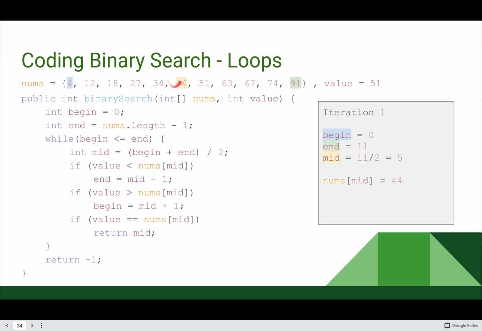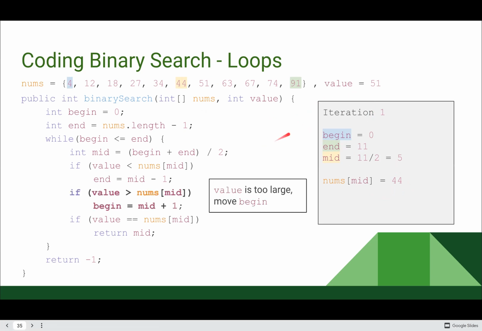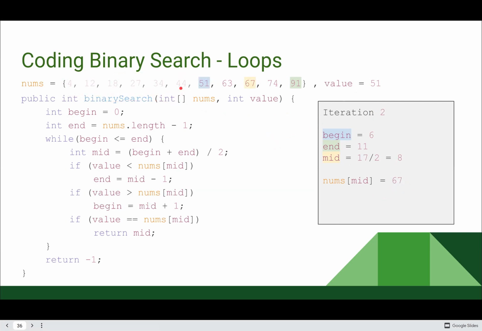So my midpoint is 5. So my nums at mid equals 44. 44 is less than 51. Our value is too big. We're going to move our beginning because we know that our value is not going to be anywhere to the left of our midpoint. So we're going to move our beginning to be one past that midpoint.